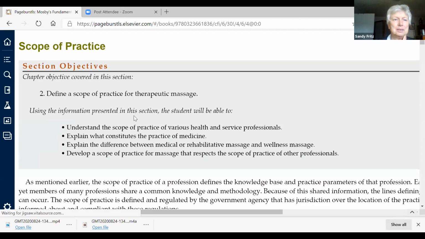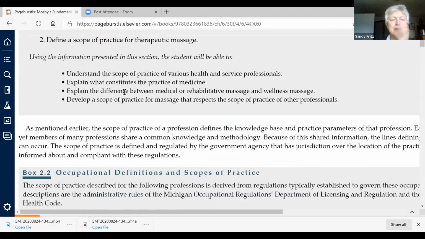So, scope of practice is another issue. What can we do and what is out of our realm? So this is a gray area in the massage world. Primarily, massage therapy is a health and wellness occupation.